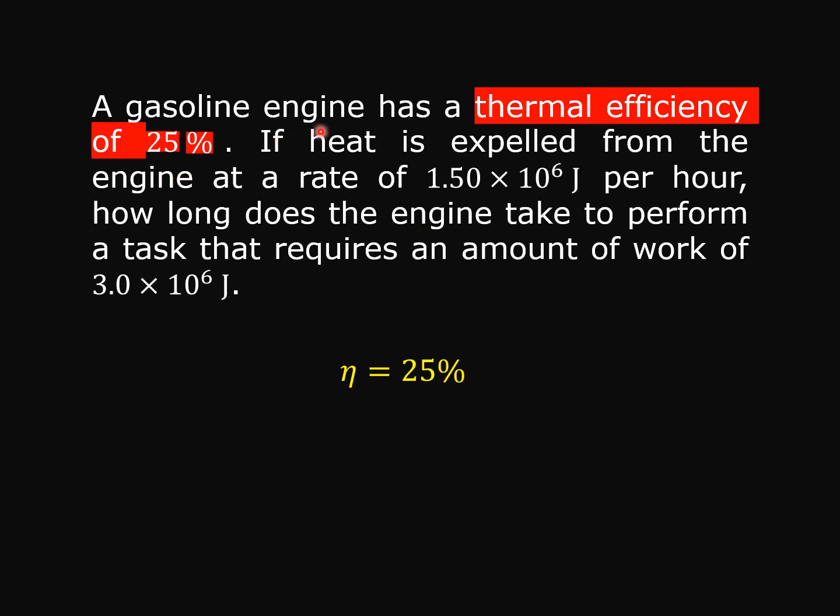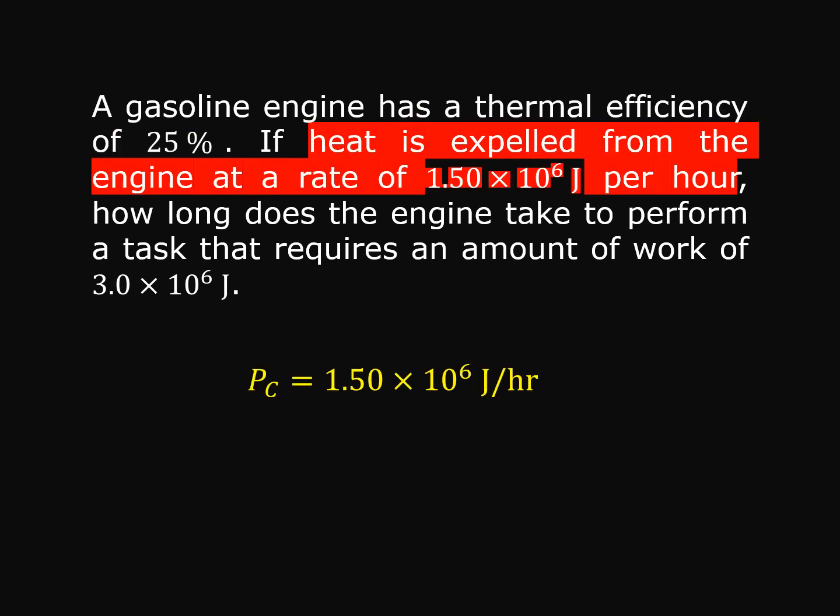A gasoline engine is a heat engine and its thermal efficiency is 25%. So we'll use eta to represent the thermal efficiency of this gasoline engine. It is equal to 25%. Heat is expelled from the engine. So this is QC.